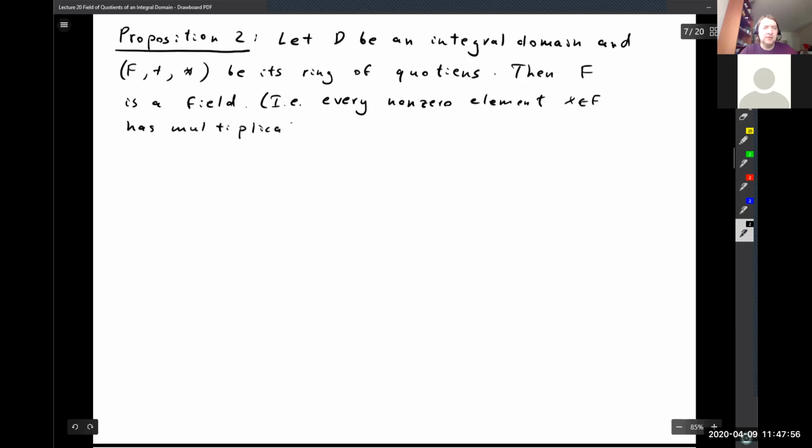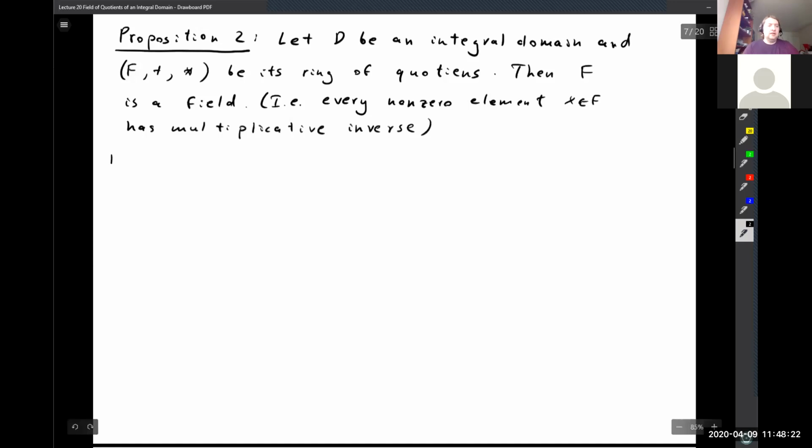And that's, if you remember, the main goal of our construction, multiplicative inverse. We wanted to extend our ring to a field. So that was the primary motivation for introducing rational numbers, right? Starting from integers.